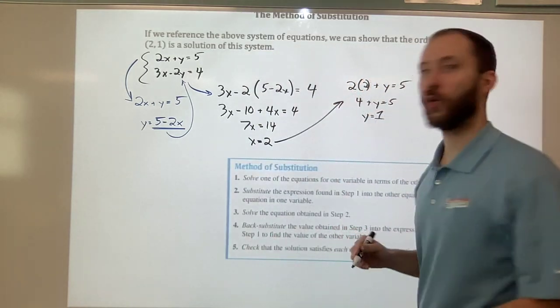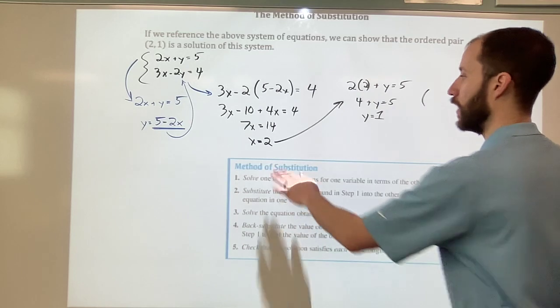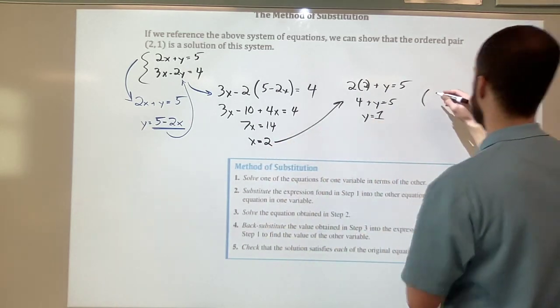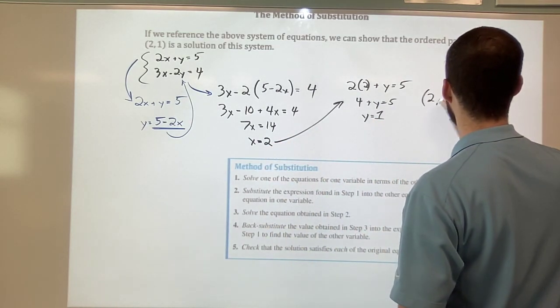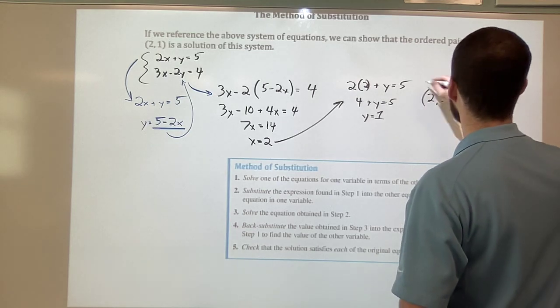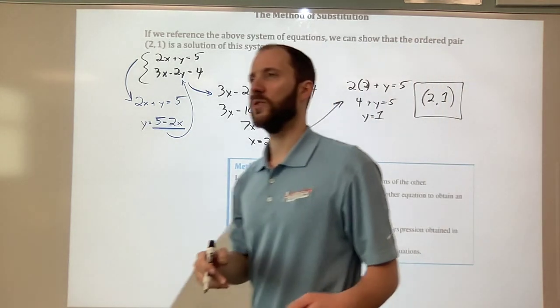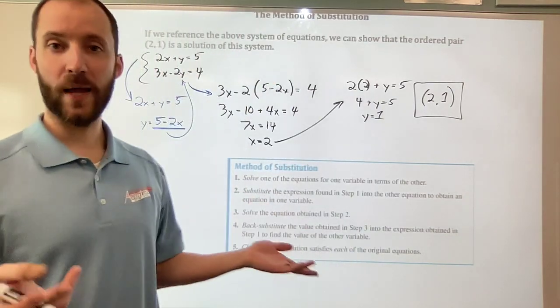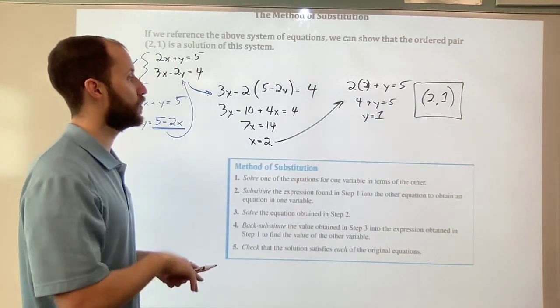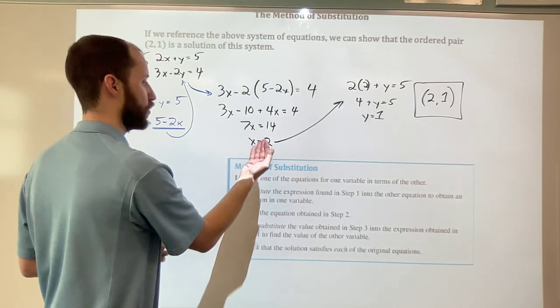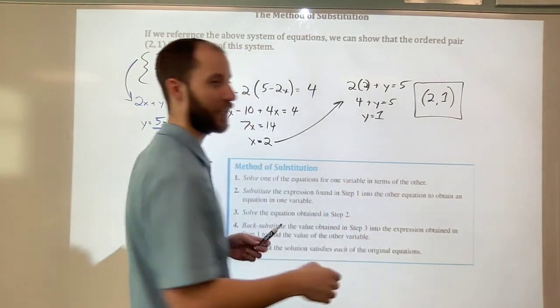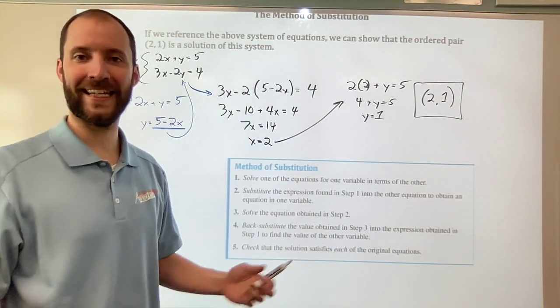So I have my ordered pair solution of 2, 1. So parentheses 2, 1. And writing it as an ordered pair is what you will see a lot of the time. If you want to keep it labeled, so x equals 2, y equals 1, you can do that also, just make a list, either way.